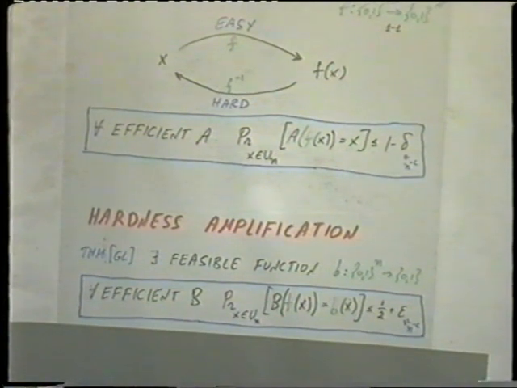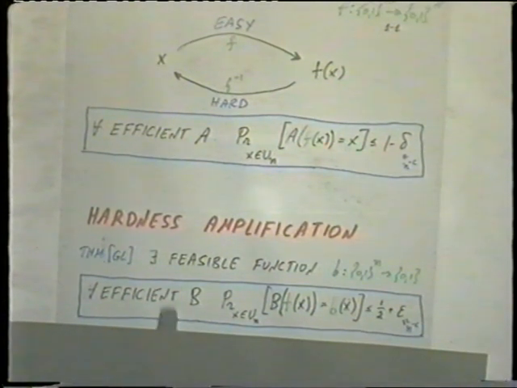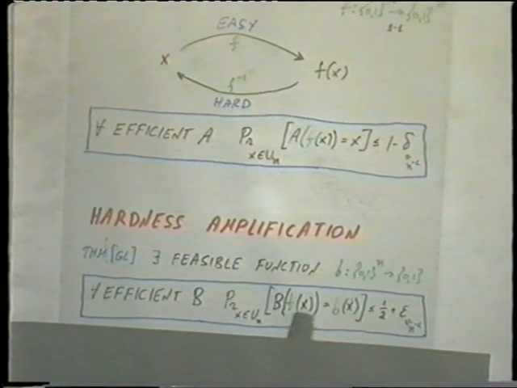So what does it mean? That whenever you take an efficient algorithm and give it f of x like before, the probability that it would get this feature of x, b of x, is at most half plus epsilon. Epsilon is again a tiny polynomial fraction.